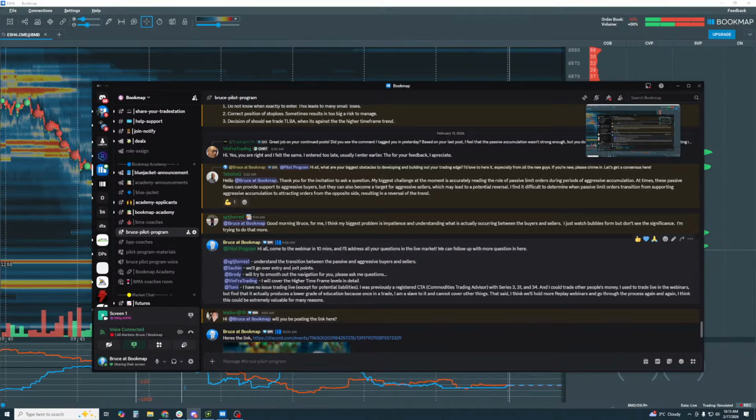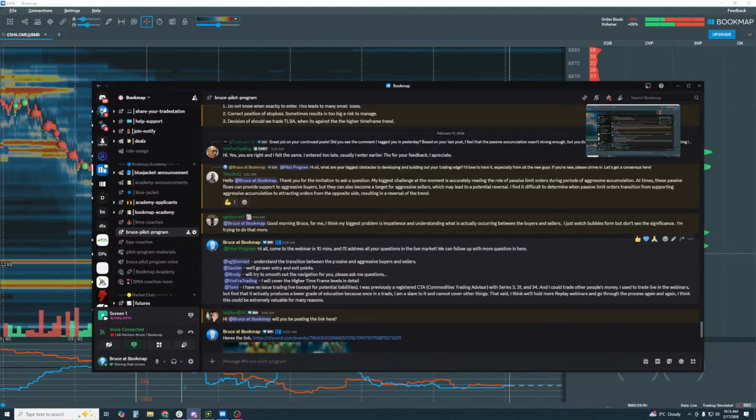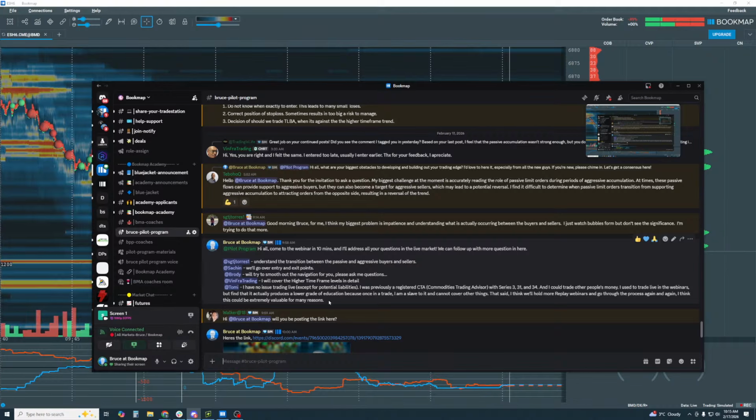All right, so here we've got Taurus right here. We're going to cover understanding the transition between passive and aggressive buyers and sellers. If I'm not covering it right, I just kind of summarized here, let me know. Put it into the chat. All right, but this is what I've got here. In fact, I should probably just copy this over and paste it.